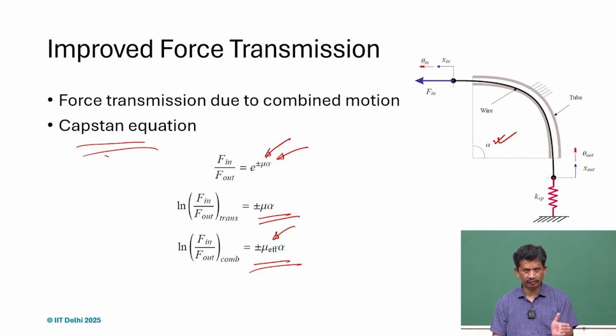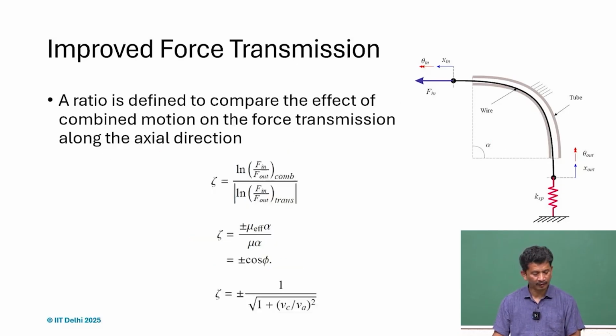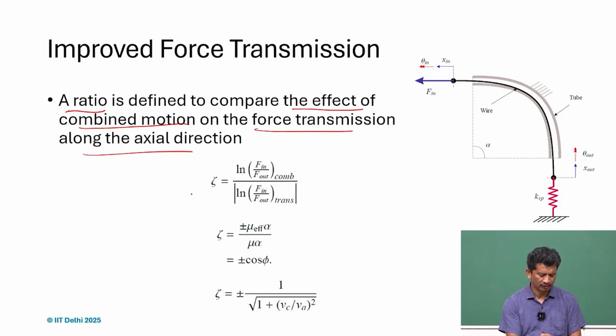Now the right hand term is very simple, and what we did is compare the two transmissibilities in a way. We defined a parameter, a ratio, to compare the effect of the combined motion on the force transmission along the axial direction, and this is how we define zeta: log of the forces combined versus log of the forces when there is a pure translatory motion.